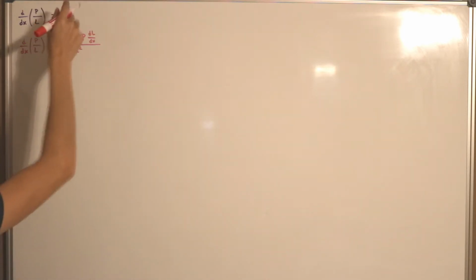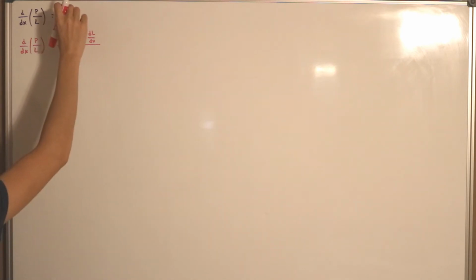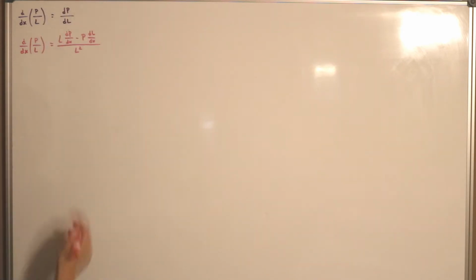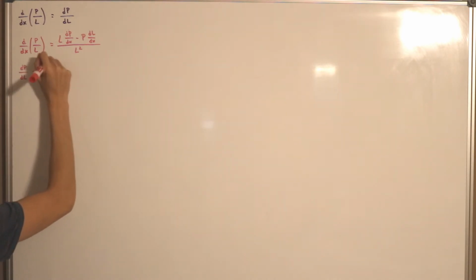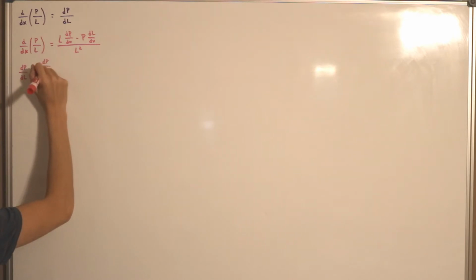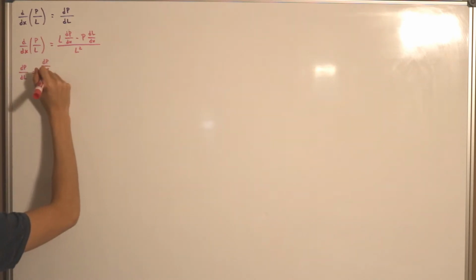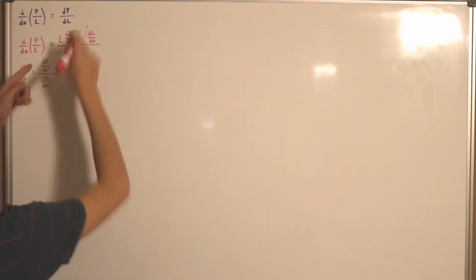And for dP over dL, I'm going to rewrite the right-hand side so that we have dx's. So dP over dL is equal to dP/dx divided by dL/dx.